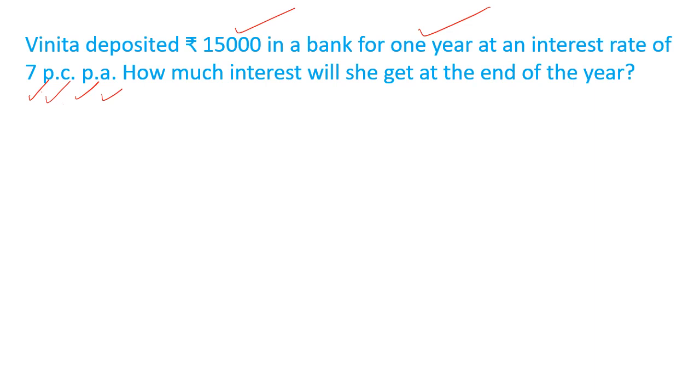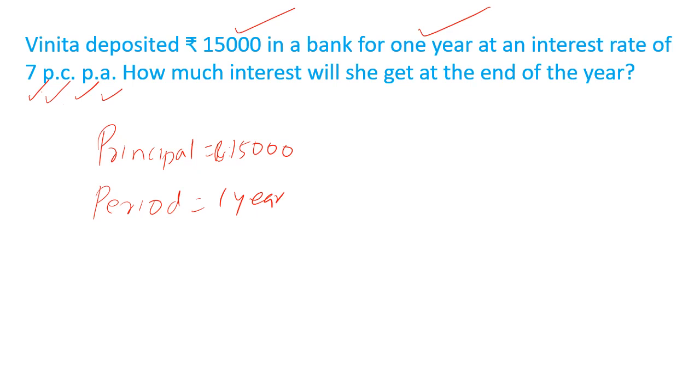Principal, as I told you earlier, we call it principal. Principal is equal to 15,000 rupees, right? And the period or time given is 1 year, correct? This is also clear in the question.